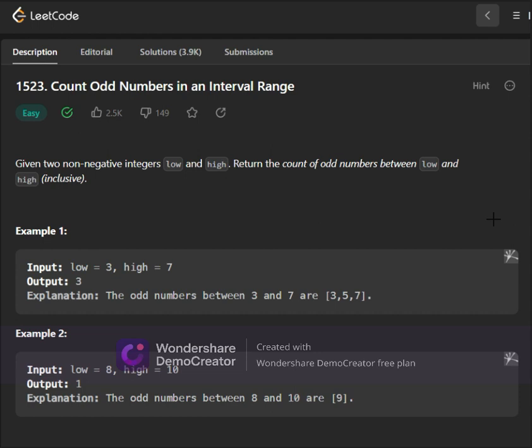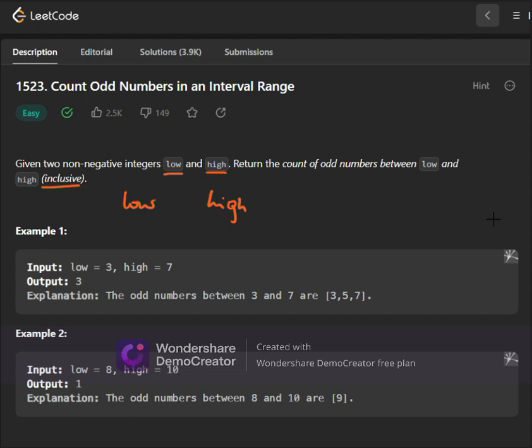Coming to the problem, we are given two non-negative integers, low and high, and we are supposed to return the count of odd numbers between low and high. So we are given a range of two bounding numbers, and we'll have to find the number of odd numbers between these two numbers, and that too inclusive.